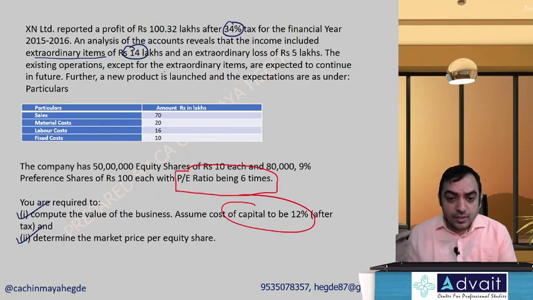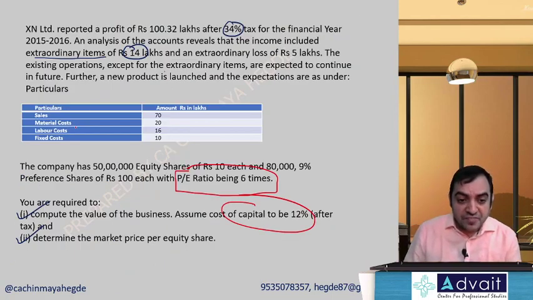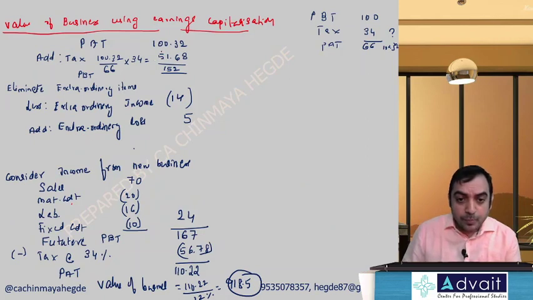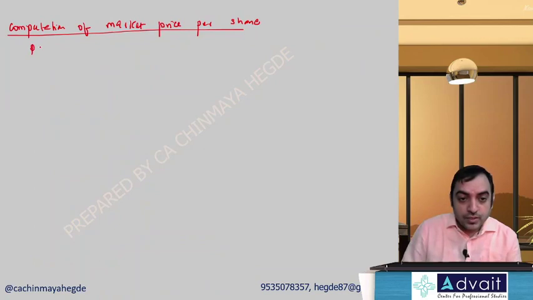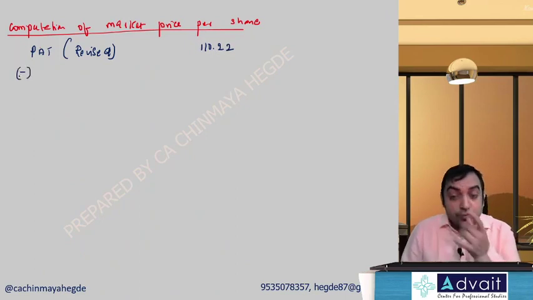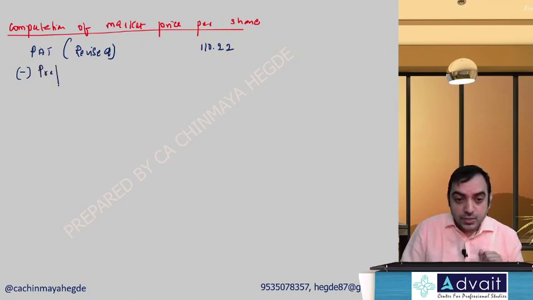So, profit after tax we have calculated, revised profit after tax, 110.22. Minus preference share dividend. Before you divide by number of shares, subtract the preference share dividend.